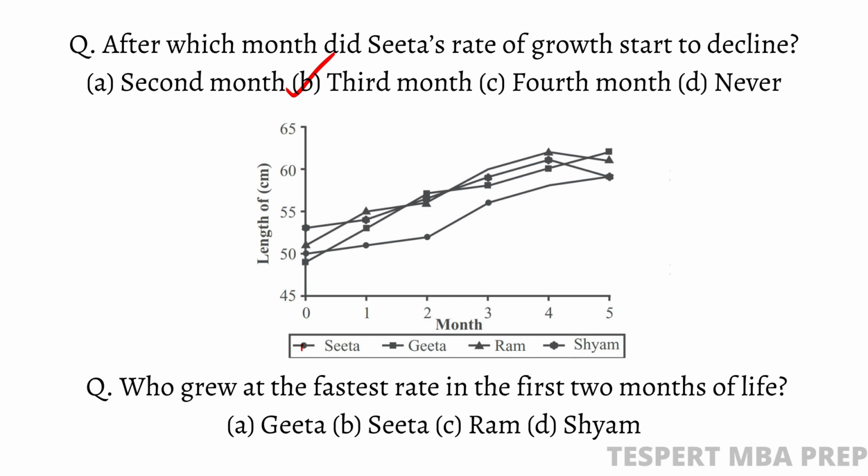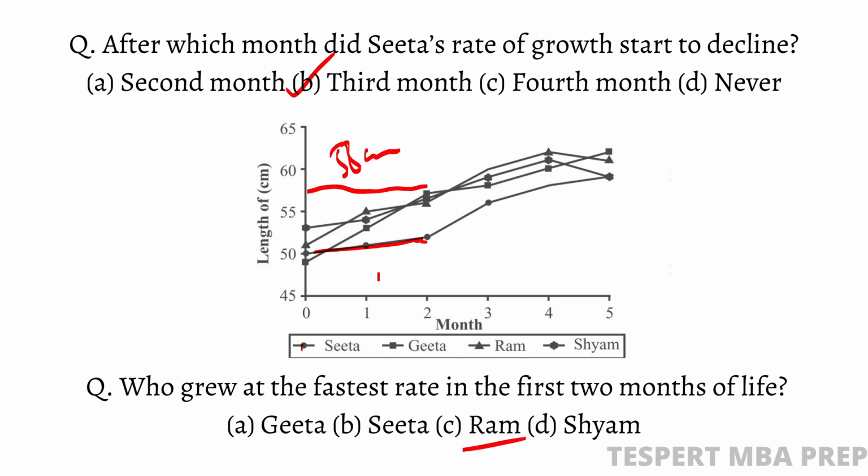Who grew at the fastest rate in the first 2 months of life? So among these four, who has the fastest growth rate in the first 2 months. So if you observe for Sita, after 2 months it has become around 52 centimeters, right? Whereas if we move on to Geeta's graph it is almost close to 58 centimeters.